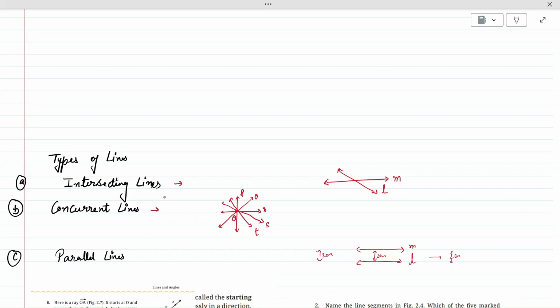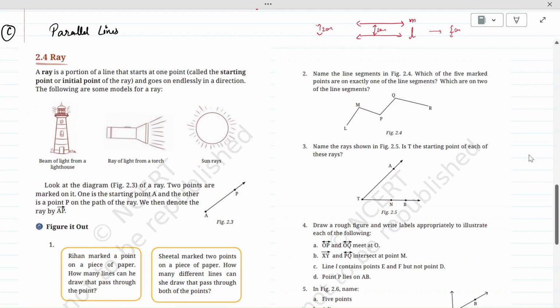And next, in this chapter, we have a ray. So what is a ray? A ray is a portion of a line that starts at one point, which we call the starting point or initial point, and it goes on endlessly in a direction.